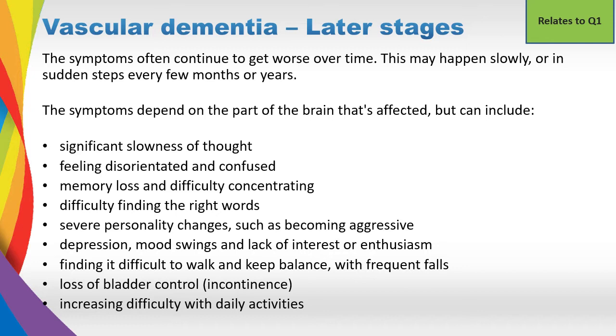The symptoms depend on the part of the brain that's affected, but it could be significant slowness of thought, disorientation and confusion, memory loss and difficulty concentrating, difficulty finding the right words, personality changes like becoming aggressive, depression, mood swings, a lack of interest or enthusiasm, difficulty walking and keeping balance and falling over frequently, bladder incontinence, and difficulty with daily activities, so that's things like washing and dressing, personal care, toileting, things like that.